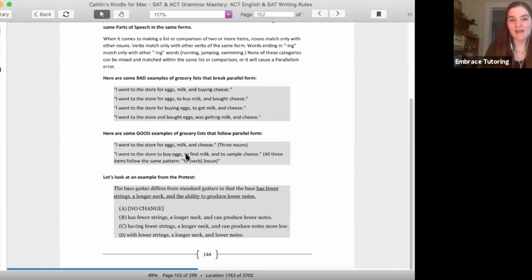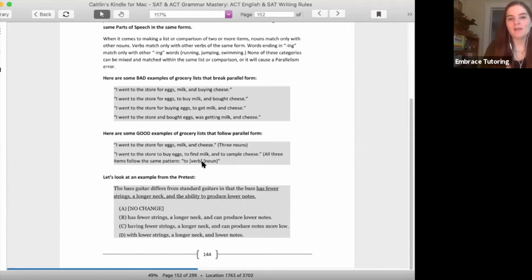I went to the store to buy eggs, to find milk, and to sample cheese, where all items are following the same pattern, where you have an infinitive form of a verb, meaning the "to" form of a verb, like to be or to do or to go, as opposed to the declined forms of a verb, where an example would be "I went." That's not the infinitive form that you would need.